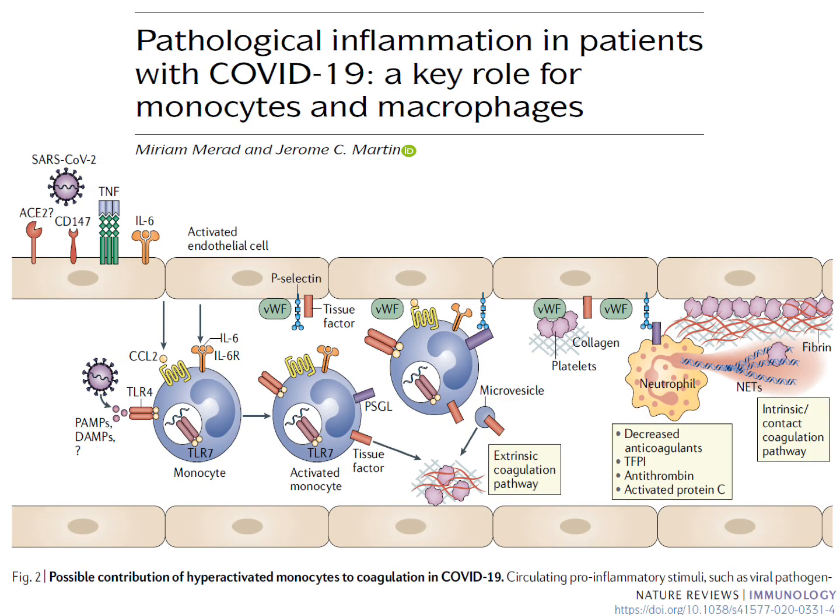So how can COVID-19 cause this coagulation problem? Looking at the pathophysiology, it seems that SARS-CoV-2, the coronavirus itself, by the damage-associated molecular patterns and the pathogen-associated molecular patterns, activates the monocyte to express tissue factor.